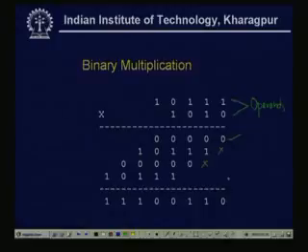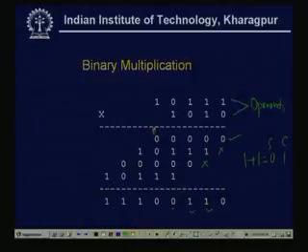So, this is 0. Now, 0 plus 1, already we have seen 0 plus 1 is 1, and 1 plus 0, so this is 1. Now, 0 plus 1, 1 plus 0, 1, 1 plus 1 sum 0, because we know 1 plus 1 is sum 0, but carry 1. So, this becomes now sum 0, carry 1.